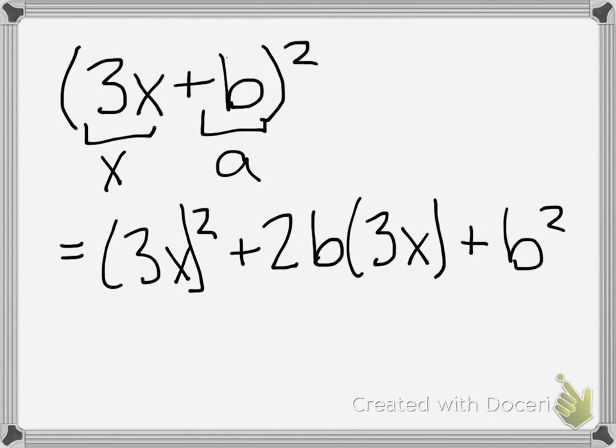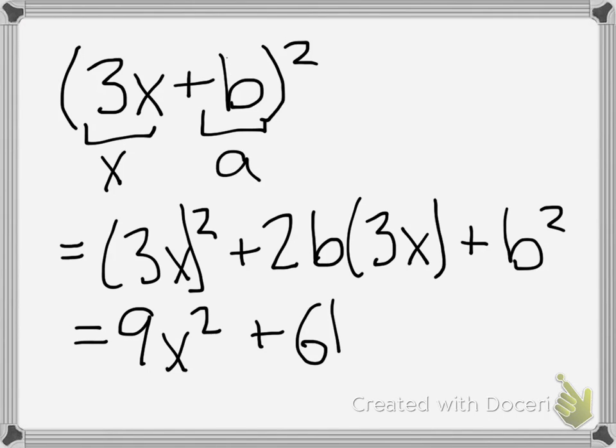Now all I have to do is simplify those terms. Just like before, that's 9x squared plus, I'll just reorder those so I can simplify the numbers part, 6bx plus b squared. I can implement my formula and get something easier than I would have been able to with FOIL.